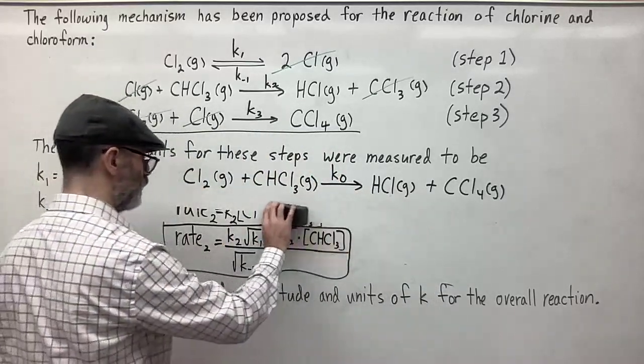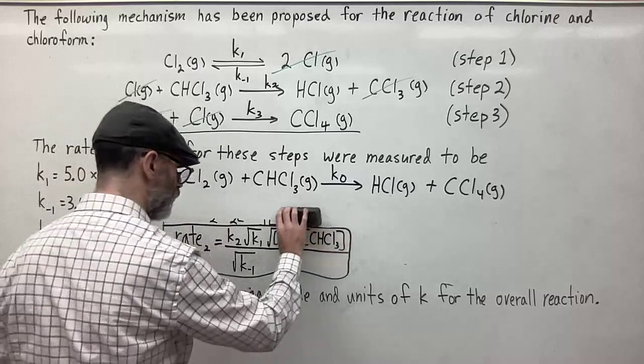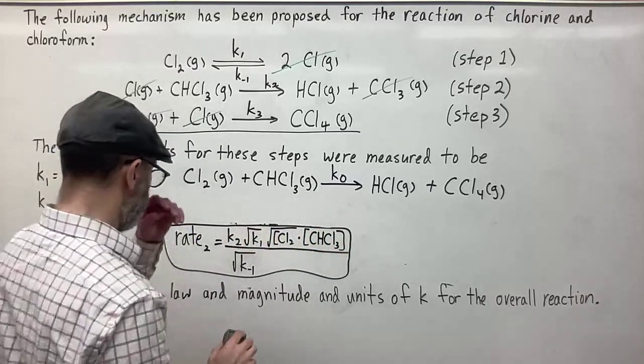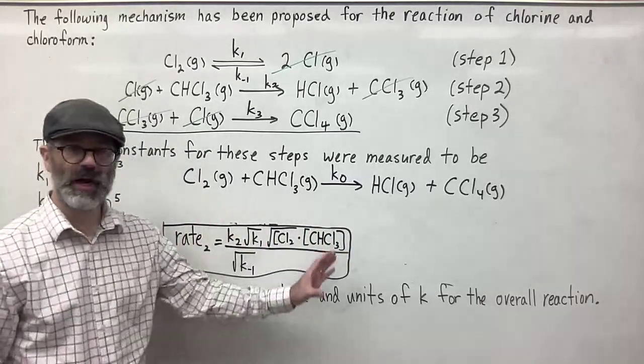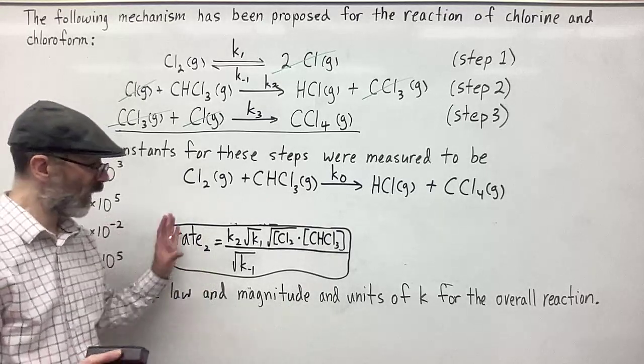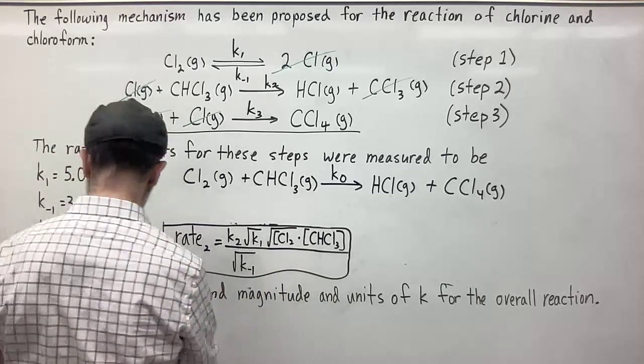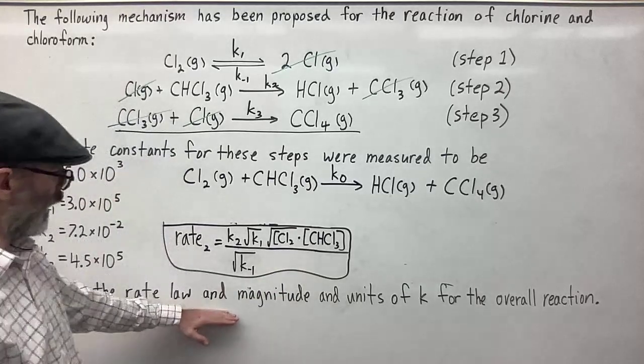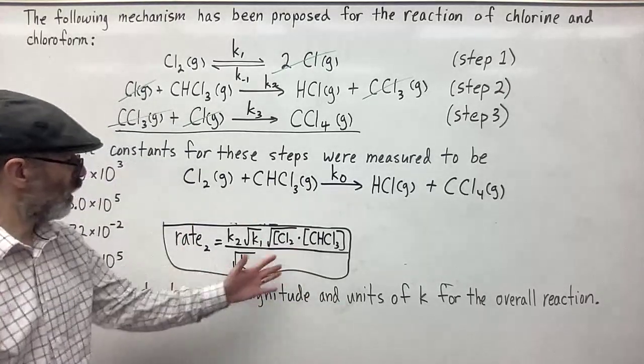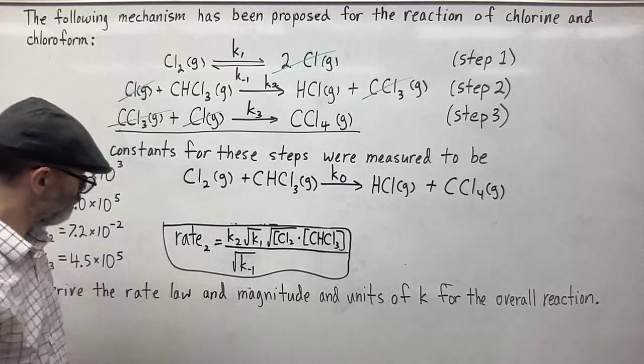Okay, so here's now the rate law for the overall reaction. Now let's go back to the questions. Derive the rate law and magnitude. Okay, so we got the rate law. So let's clean this up a little bit.